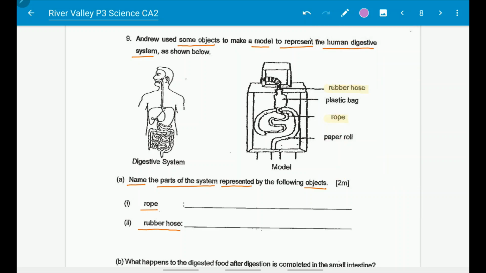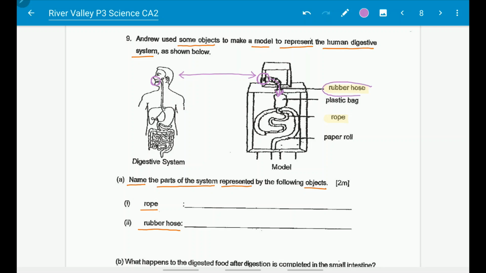Starting with the top part, the start of Andrew's model is over here, and this is the same as the mouth on the digestive system. From the start of Andrew's model, it travels down this way, through the rubber hose.